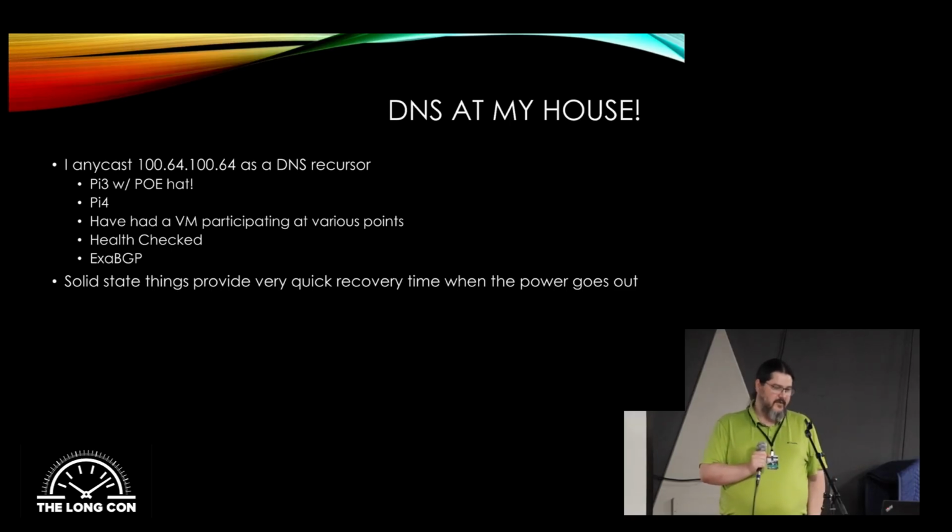I'm using ExaBGP for this, and it has really nice health check stuff built in. I have blog posts about this on my blog, and I'm going to post some new ones about the most recent things I discovered.